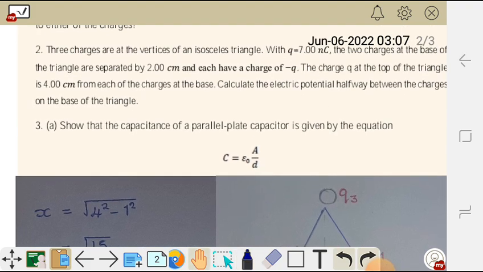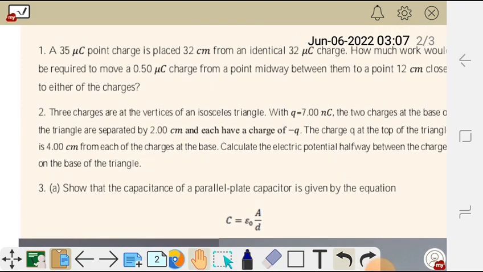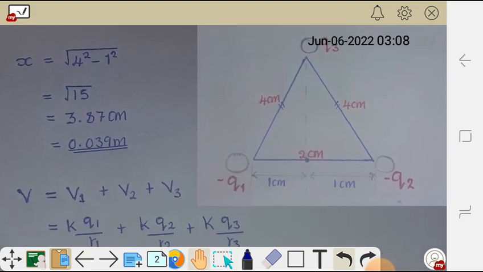Then from there, they have given us the distances. We have the distance from the top to the base, which is 4 centimeters, and the 2 charges at the base are separated by a distance of 2 centimeters. So you illustrate that, and the diagram is here.